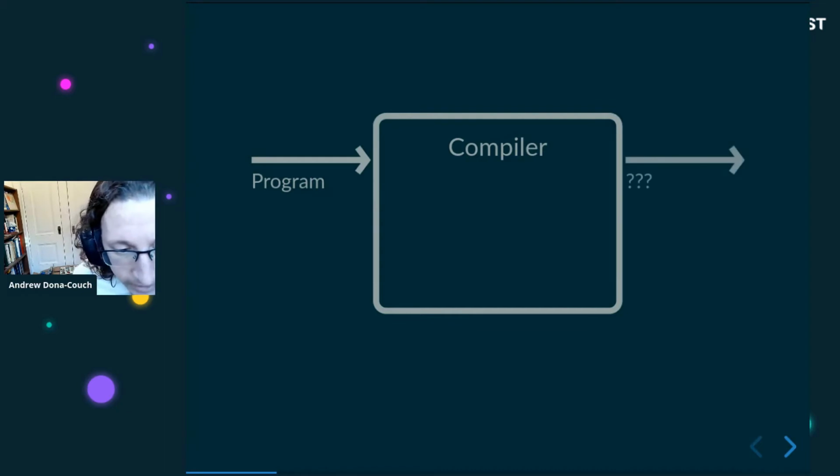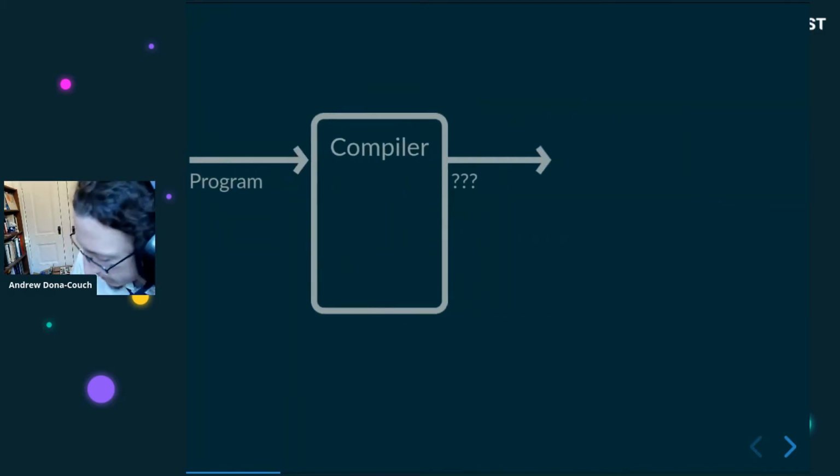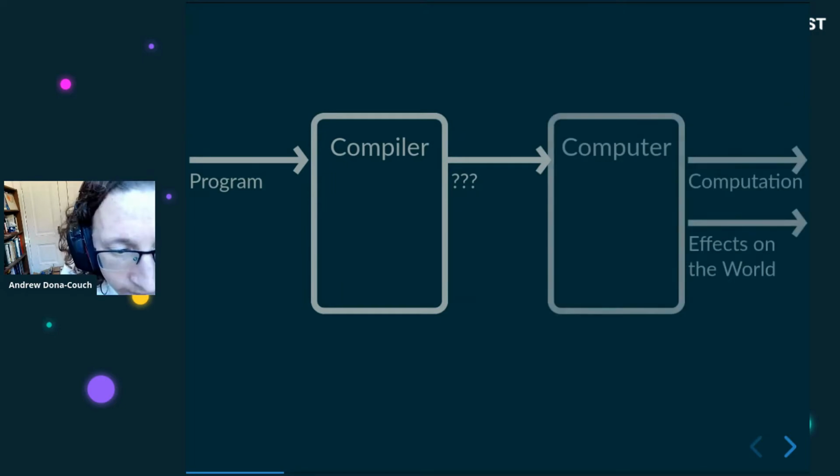All right, and we can look at the output of our compiler, and now we've reached a really interesting point. What is the output of this compiler? Again, let's not define it based on its intrinsic properties, but rather use another simplifying model. Here we'll define this output by how we use it.